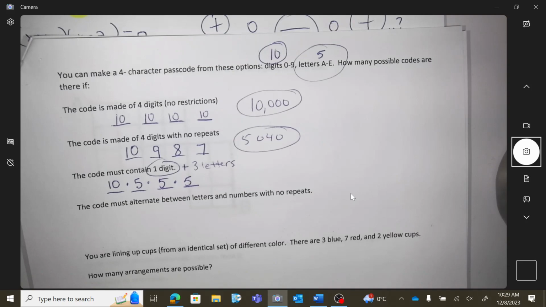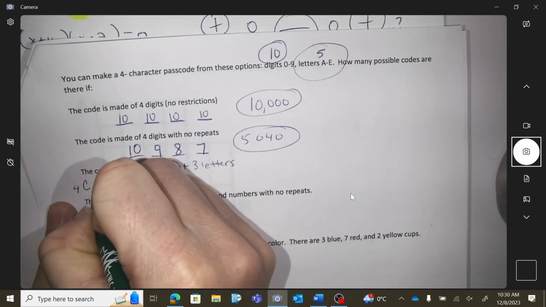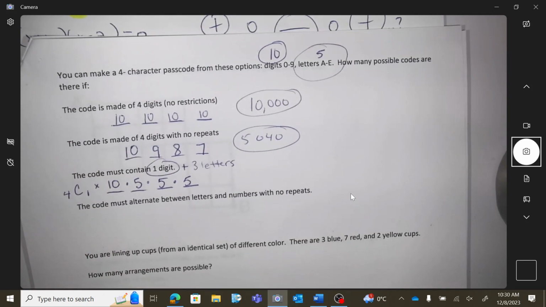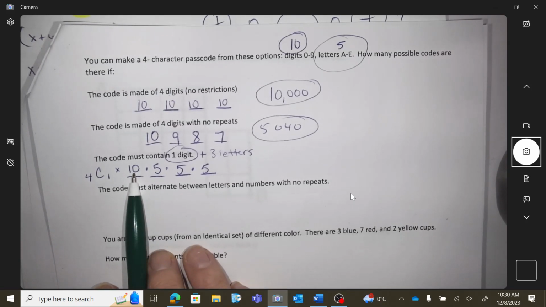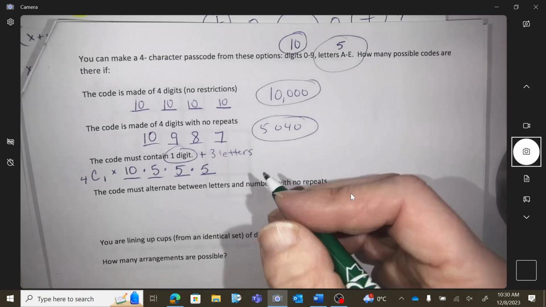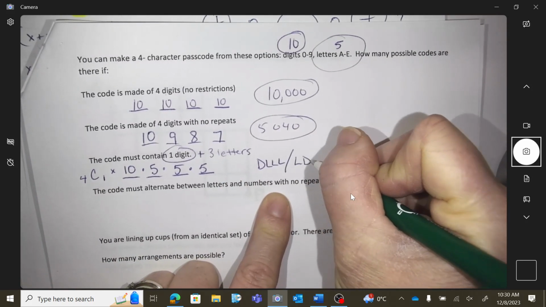Okay, but that's not it. I have to multiply this by 4 choose 1. Why? Because I have to account for this. My code could go digit, letter, letter, letter, or I could go letter, digit, letter, letter.